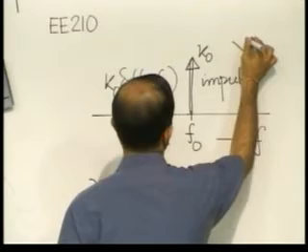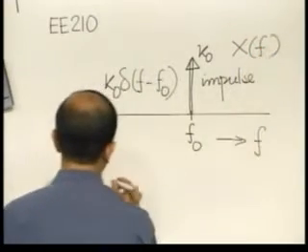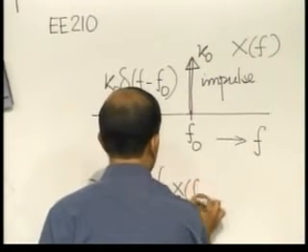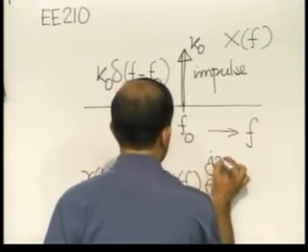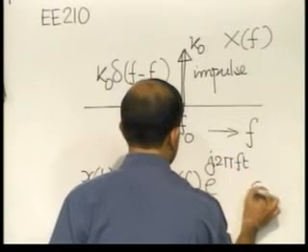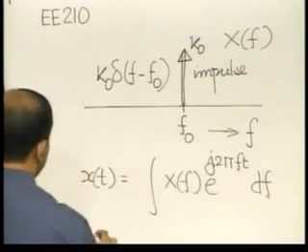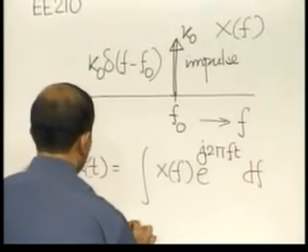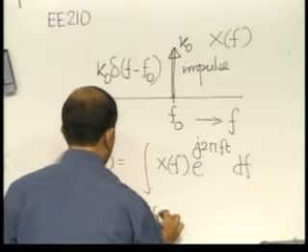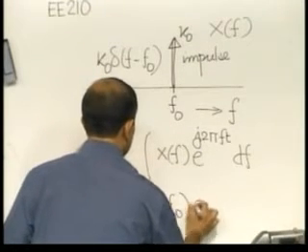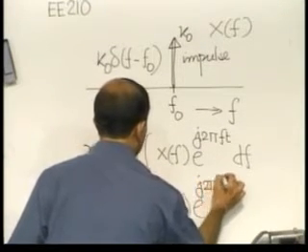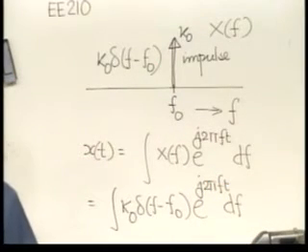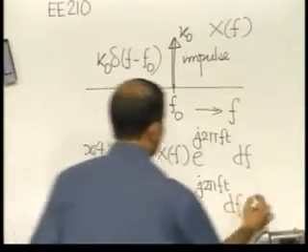If this is xf, what is the corresponding xt? xt is the integral of xf e raised to the power j2 pi ft df, which then becomes the integral of k0 delta f minus f0 e raised to the power j2 pi ft df, which clearly is equal to, well, what does this impulse do?